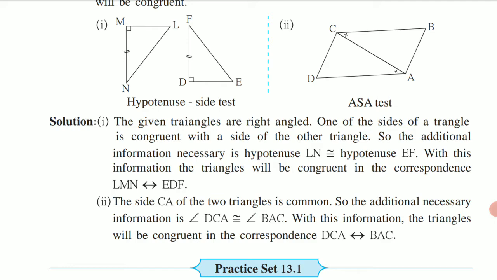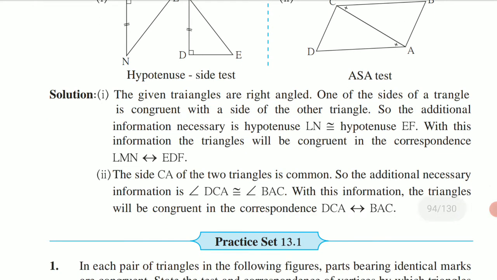Solution. First, the given triangles are right angled. One of the sides of a triangle is congruent with a side of the other triangle. So the additional information necessary is that hypotenuse LN is congruent with hypotenuse EF. With this information, the triangles will be congruent in the correspondence LMN to EDF.